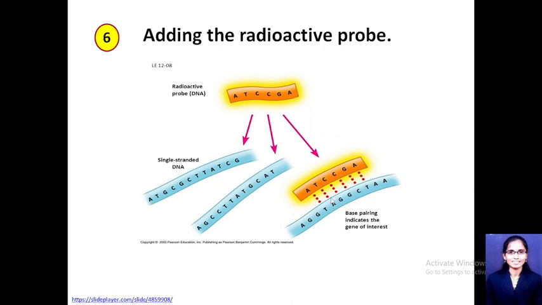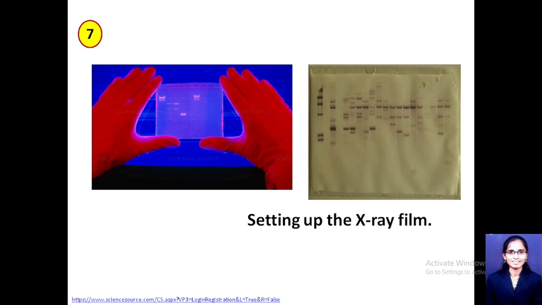These probes are artificially synthesized oligonucleotide chains which can be radiolabeled and which are very unique, very specific to the specific DNA fragments. So when I add the radioactive probe on that membrane, the probe will bind to the specific site.